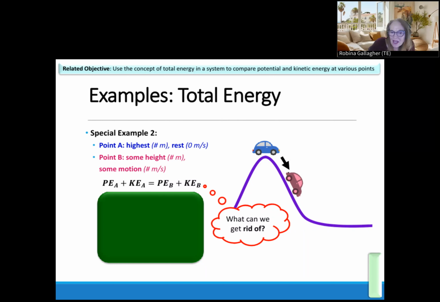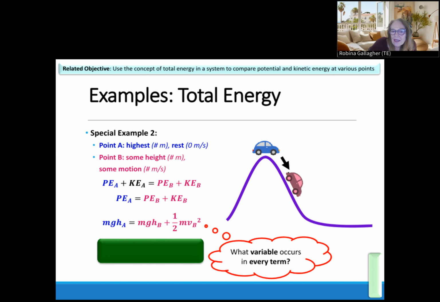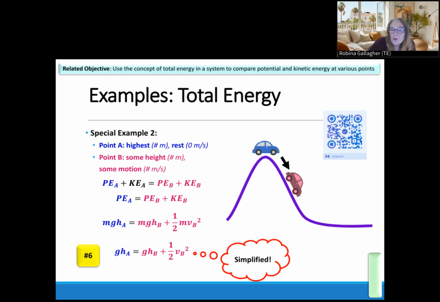Exactly. So in this example, the only thing I can cancel out is something at point A. B has to have both potential and kinetic because it's only halfway down the hill and it's still moving.